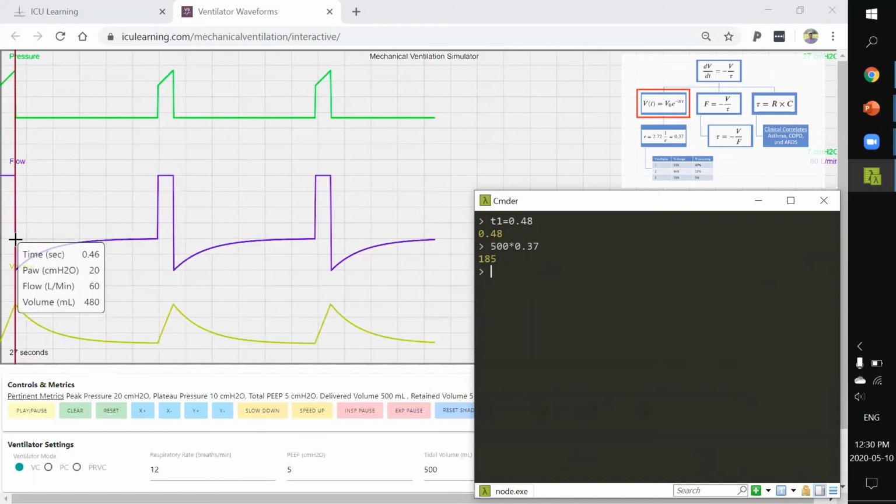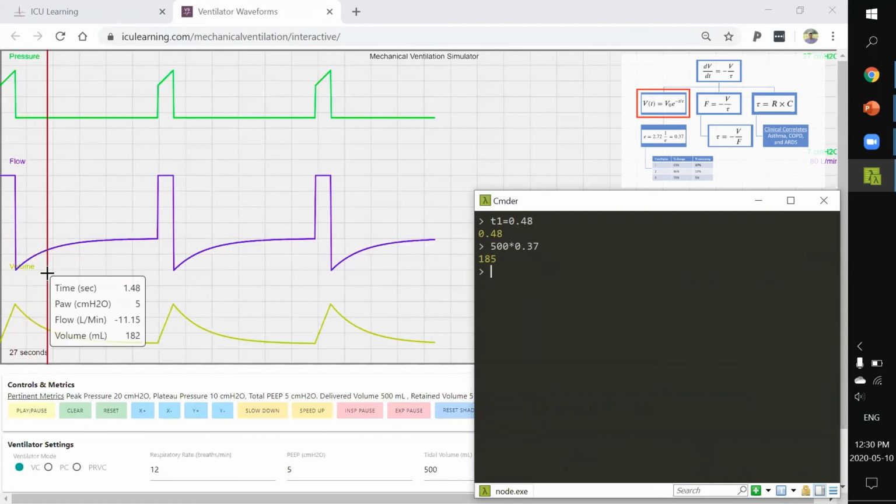Again, we started at 500 milliliters of volume at 0.48 seconds, and then I move the slider down until the patient is down to 185. So 186 is good enough. And I note the time here is 1.46 seconds.